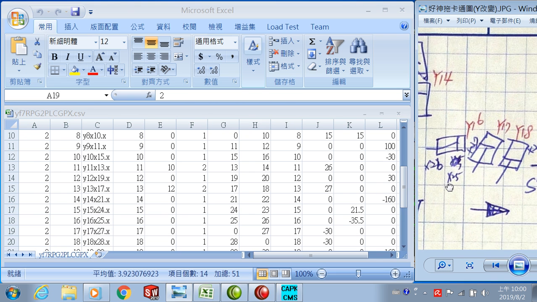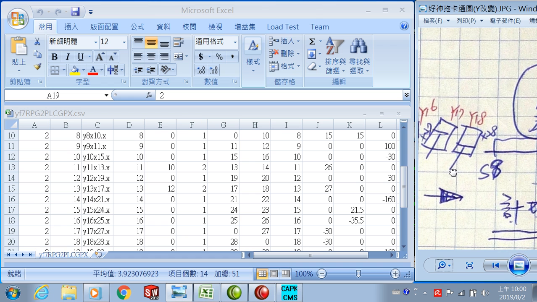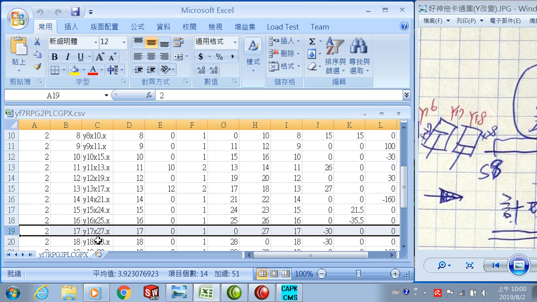Y17 is this one. Y17 S27, the separator of SA. The definition is: the lower sensor, nothing. The upper sensor input S27, actuated by Y17 opened.